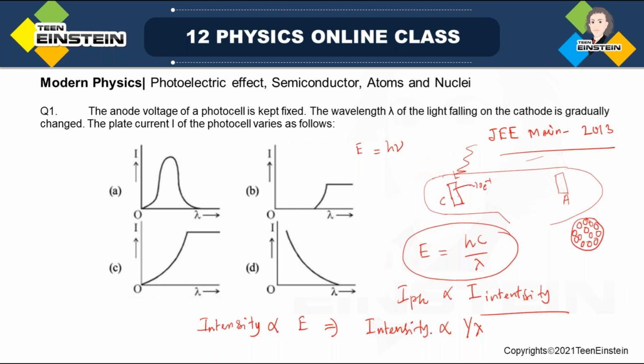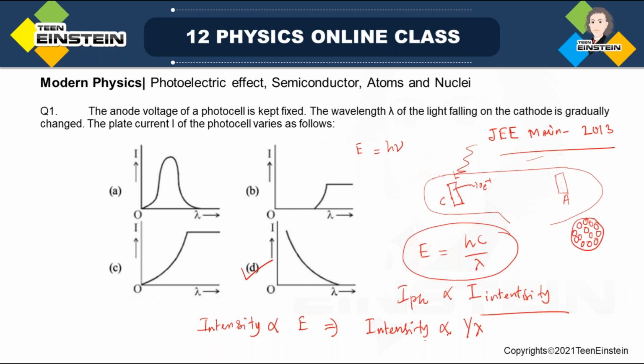Then when lambda is increasing, intensity decreases. If intensity decreases, then photocurrent decreases. So out of these four, this could be the correct answer for this question.